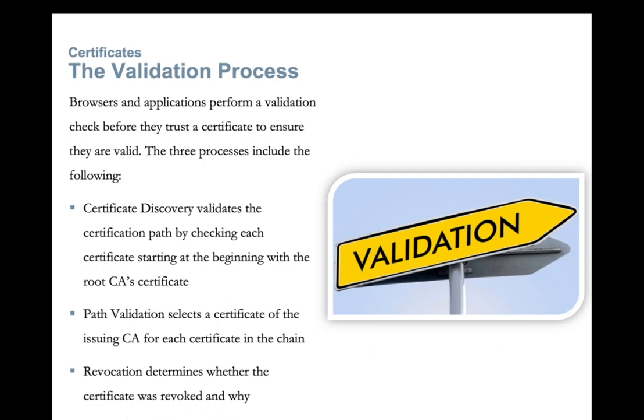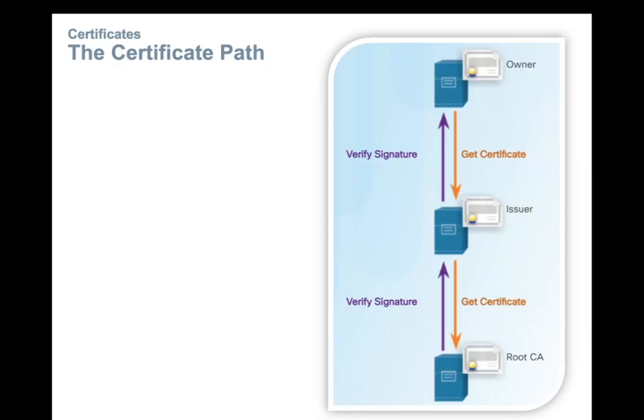So now let us see the certificate path. In the certificate path, as shown in this figure, an individual gets a certificate for a public key from a commercial certificate authority.